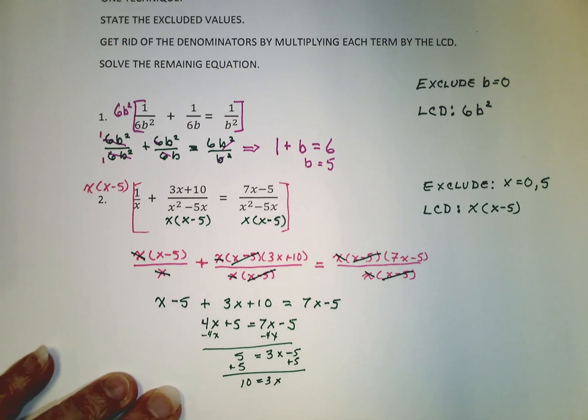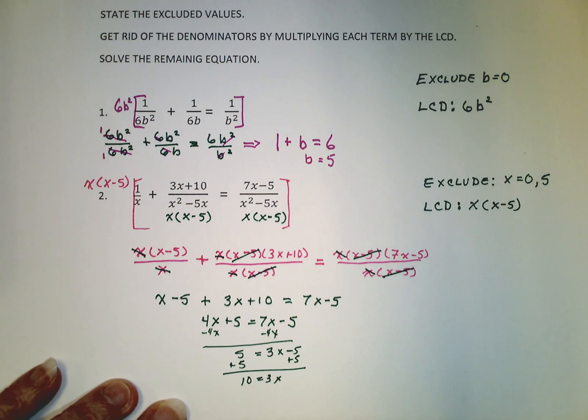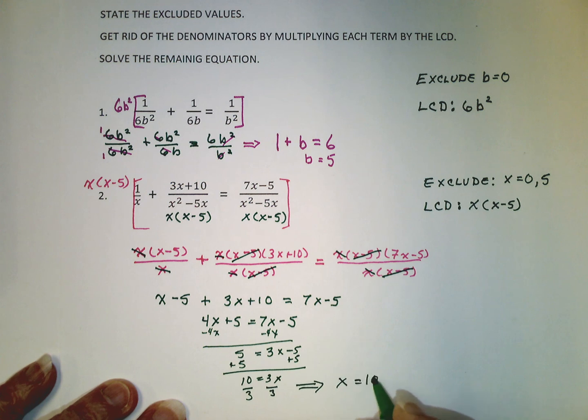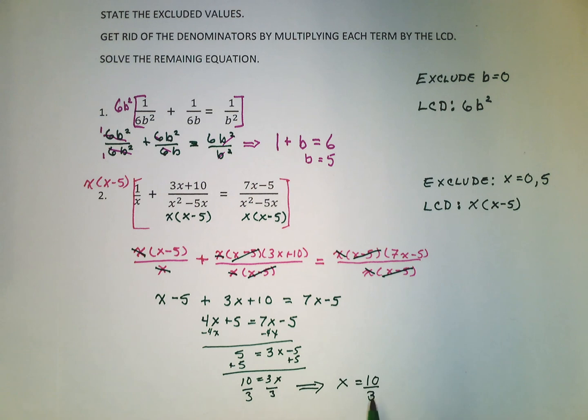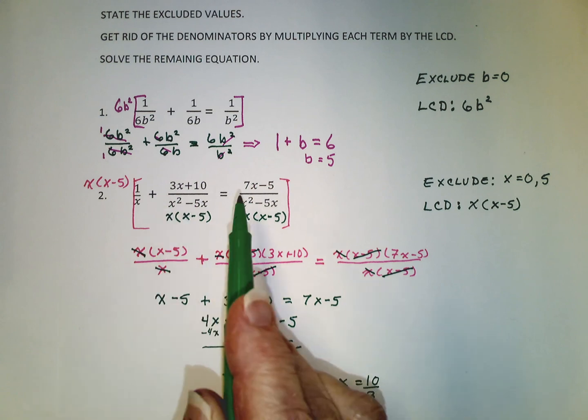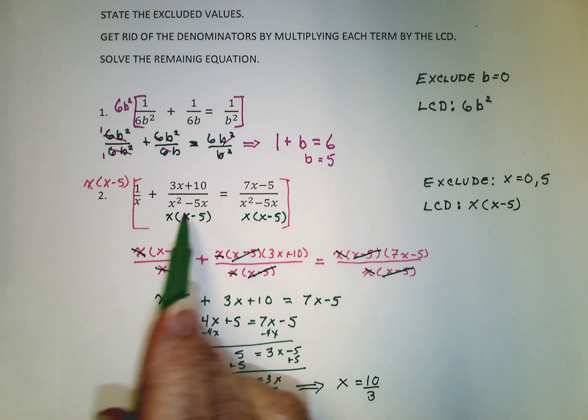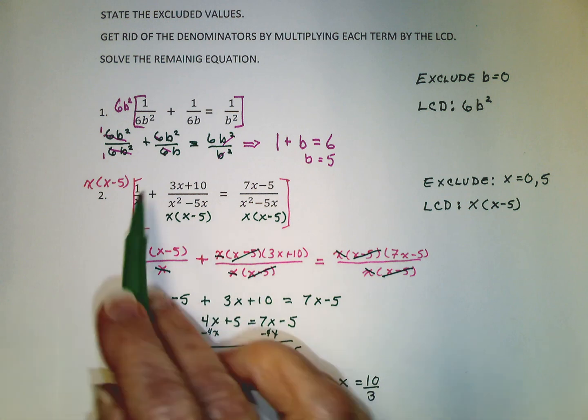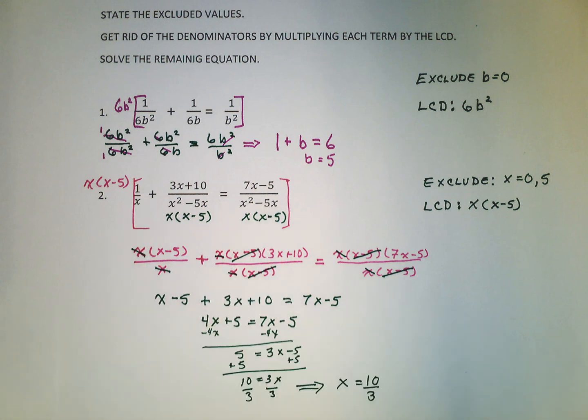And the answer is not 3/10. If we divide both sides by 3, we find out that x equals 10/3. If we put 10/3 in this equation, everywhere there was an x, this side of the equation would equal that side of the equation. And it's solved.